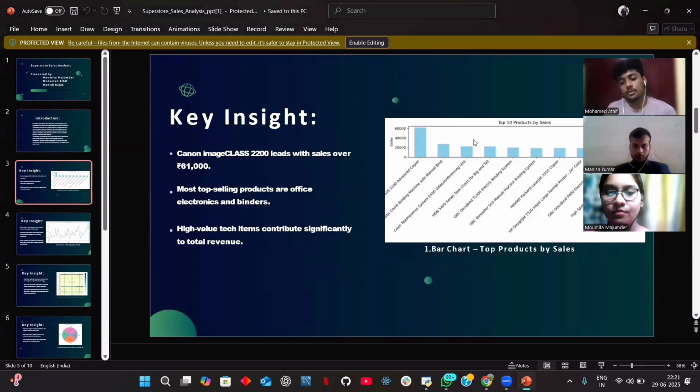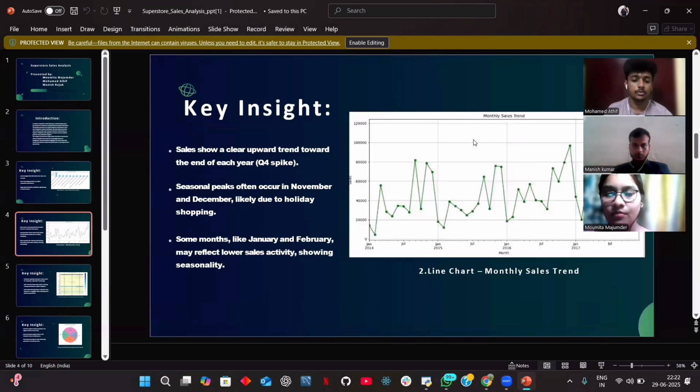First, the bar chart of top products by sales. The Canon imageCLASS 2200 leads with sales over 61,000. Most top selling products are office electronics and binders. High value tech items contribute significantly to total revenue.